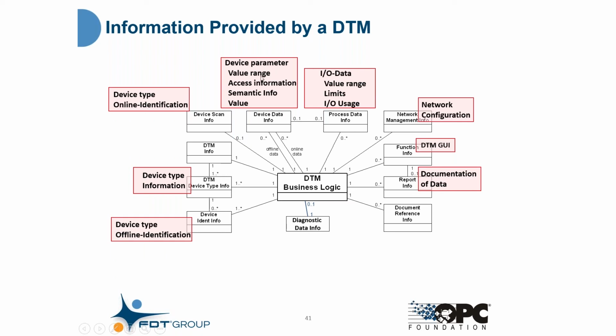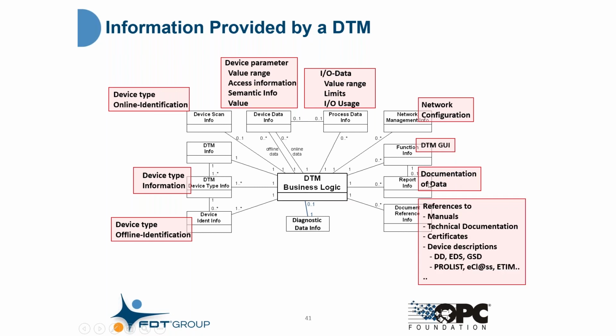I/O data, here we have only description, we cannot provide the value. And then we have network configuration, the graphical user interface of the DTM, documentation of data, so that's the current values of data actually. Something that's also provided by the DTM are documentation, so the DTM can provide manuals, different types of technical documentation, certificates, as well as device descriptions.